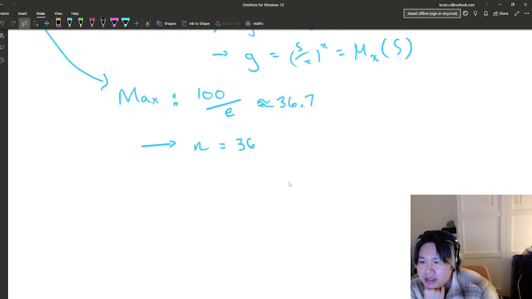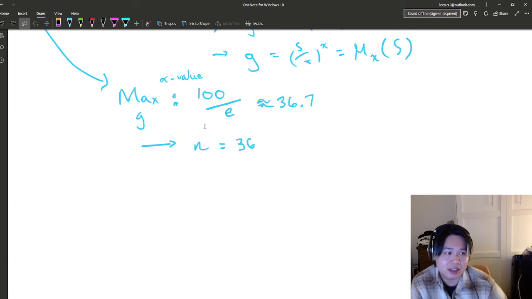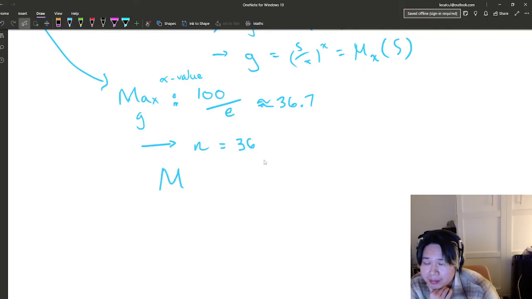So then, this is the max on G, so then the max X value, okay, this is the max X value on G. And then if we want it to be N, we need to round down to 36. So then that means that my max is going to be this.